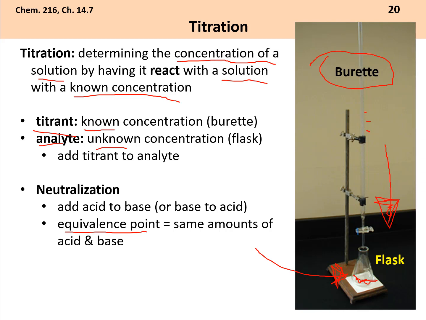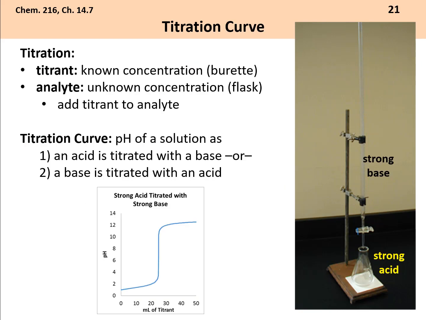All right, so when we're dealing with acids and bases, typically how we can measure the progress of this reaction is by reading the pH. Okay? And this is something called a titration curve. A titration curve is a measure of the pH of a solution as we add acid to base or as we add base to acid.